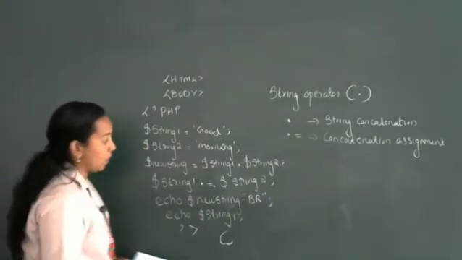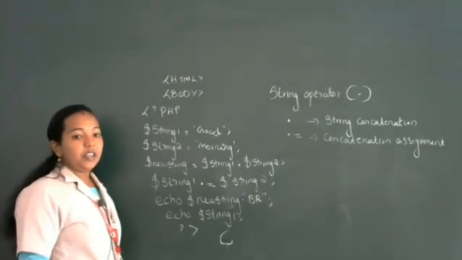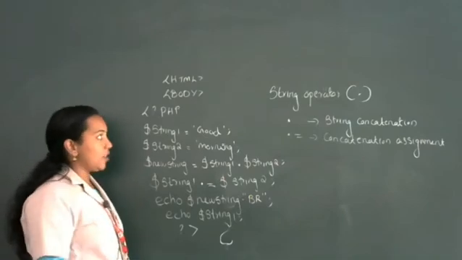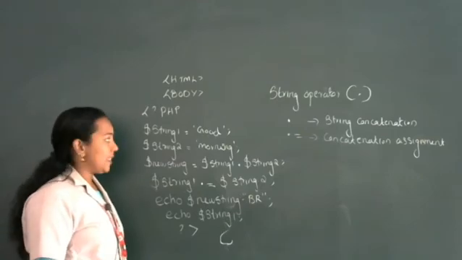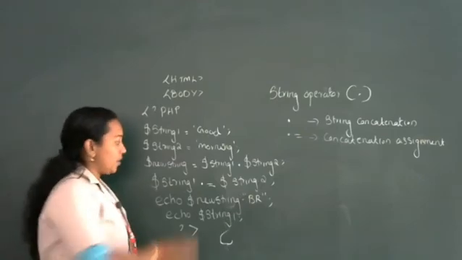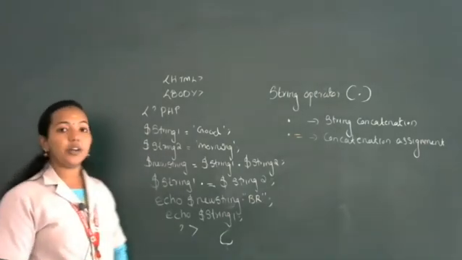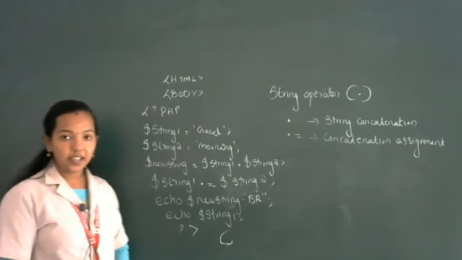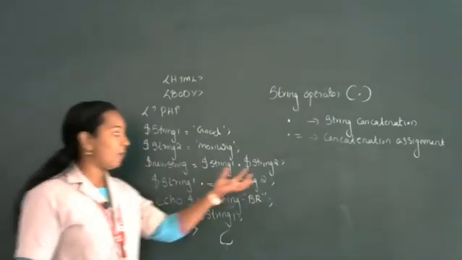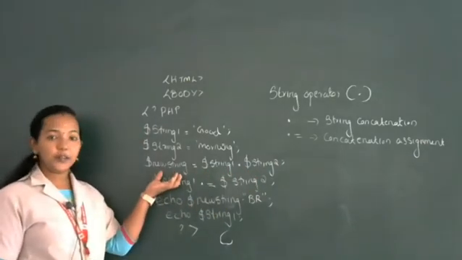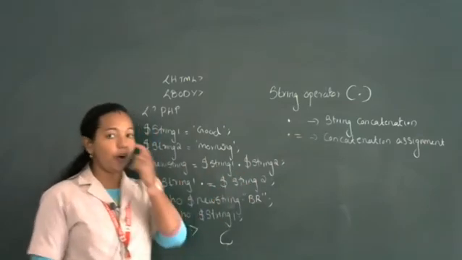Look at this example, a very important question: string concatenation in PHP. First, string1 is equal to good, string2 is equal to morning. In the second one, $newstring is equal to $string1 . $string2. What does it indicate? We are combining string1 and string2 together, and the final result we are storing into a new variable. So here we use the string concatenation single dot operator.